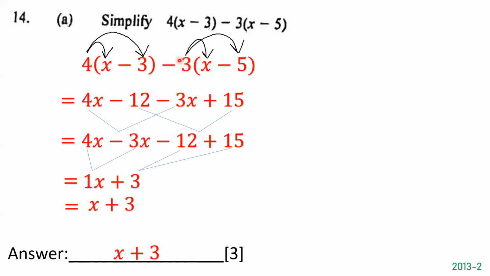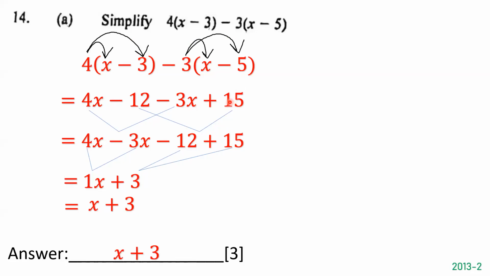And then negative 3 multiplied by 5 is going to be positive 15. Why positive 15? Because a negative multiplied by a negative is a positive. Remember, a negative multiplied by a negative is a positive. So that's how we get the positive, and 3 times 5 is definitely 15. And so that's how we do it.